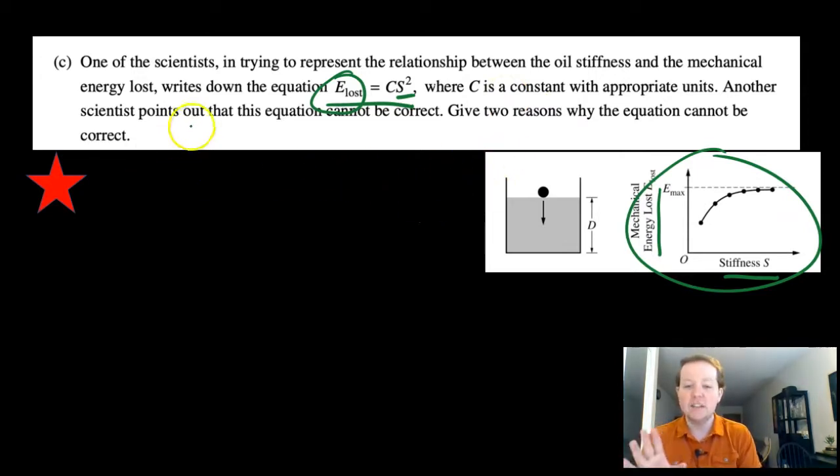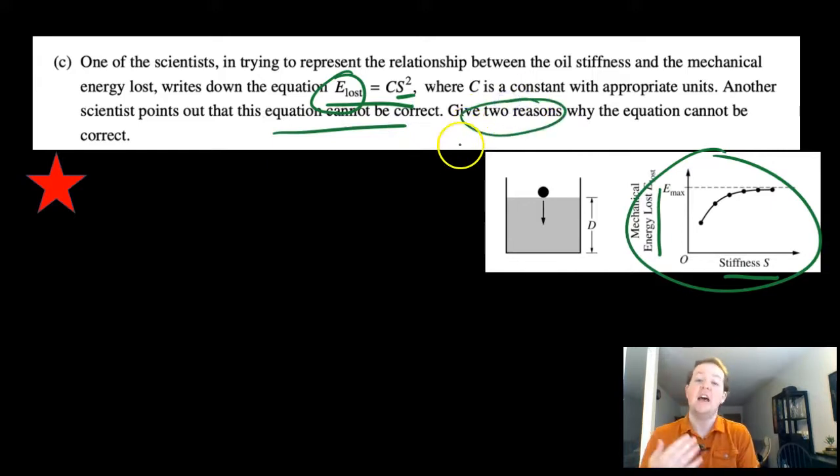So it's asking, another scientist points out that this equation cannot be correct. Give 2 reasons. I gave essentially 1 point per reason because C was out of 2 points. Okay, and they have some guidelines for how to give points. I was looking for unique responses. They say the term independent statements. So if you essentially gave me 2 reasons, but they're really the same thing, there's a chance maybe I only gave you 1 point.